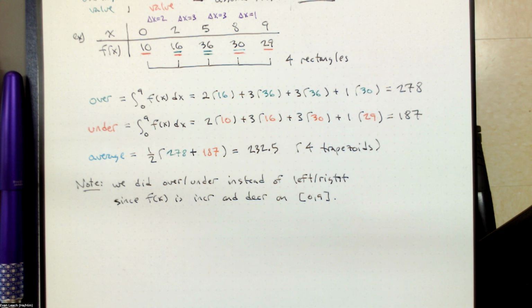If our function is strictly increasing, then the left approximation will be under and the right approximation will be over.